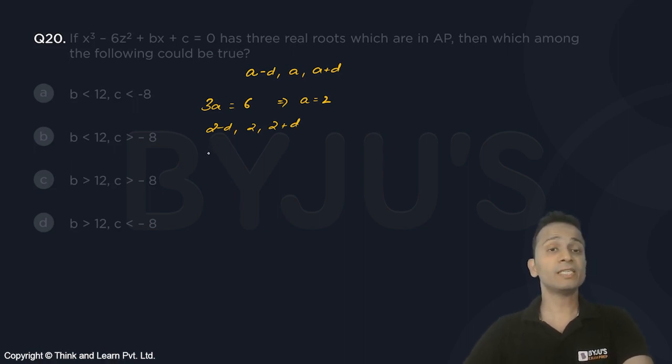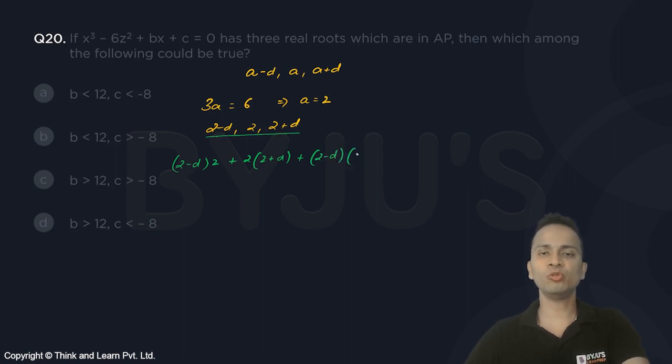Now moving ahead, sum of the product of the roots taking two roots at a time. So these are the three roots. So 2 minus d into 2 plus 2 into 2 plus d, and 2 minus d into 2 plus d. Now this will be equal to b upon 1, that is equal to b.